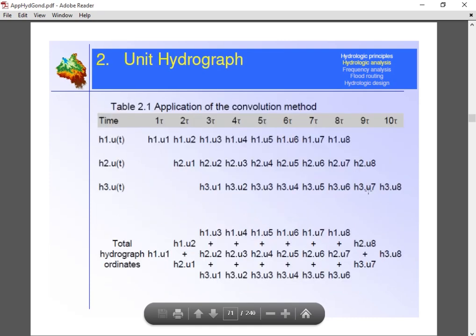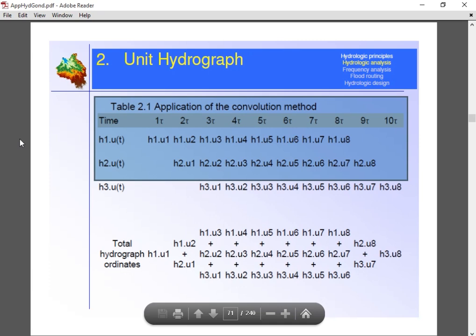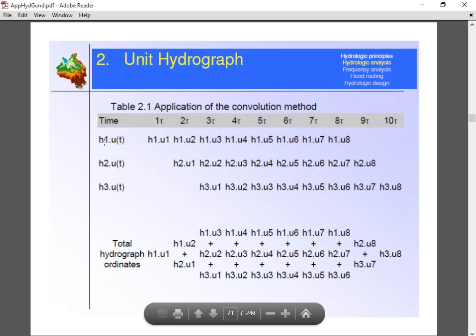This is an application of the convolution method that helps us to generate a unit hydrograph. We may have rainfall data, or precipitation data, and the unit hydrograph at some time t.